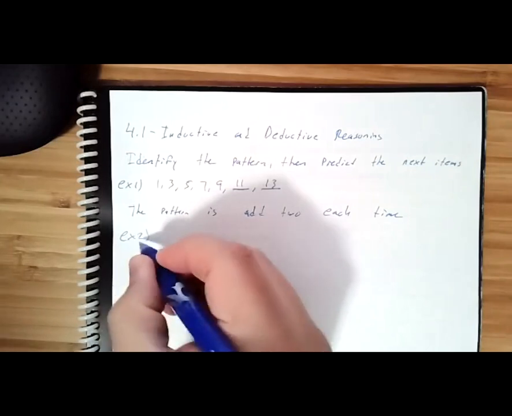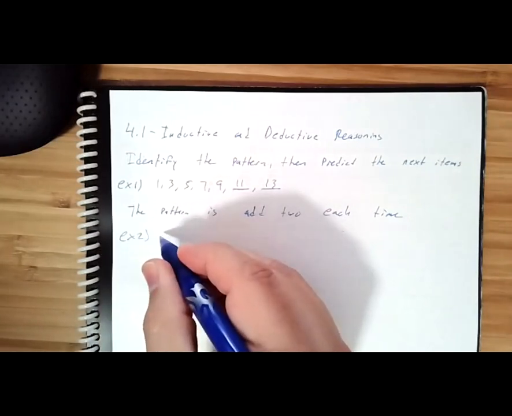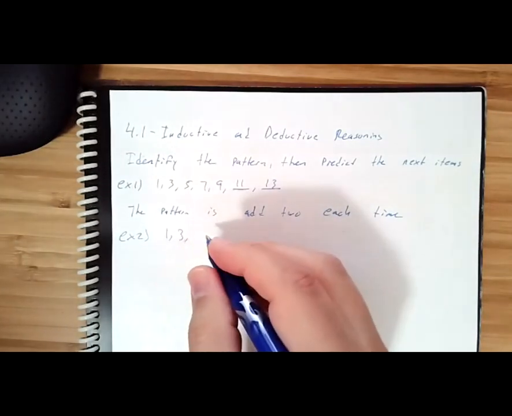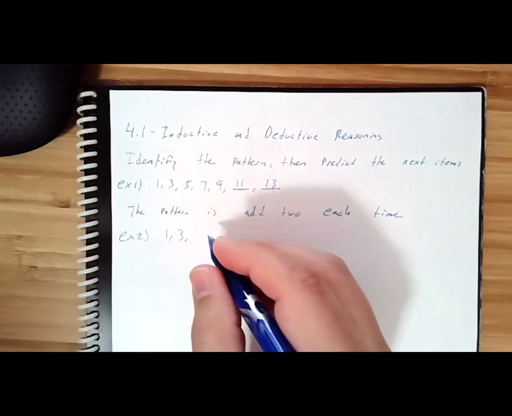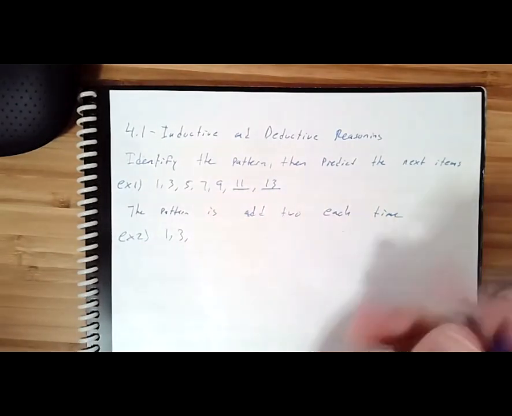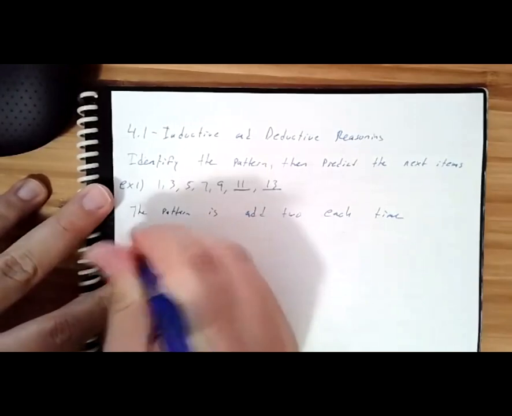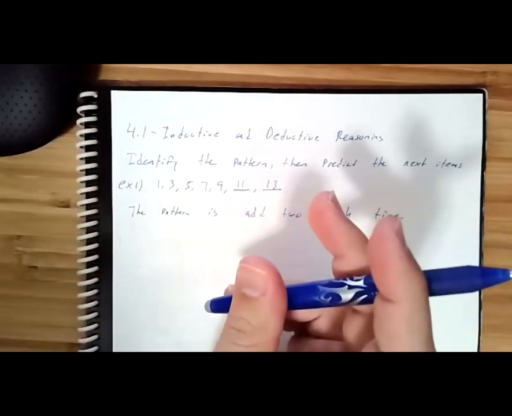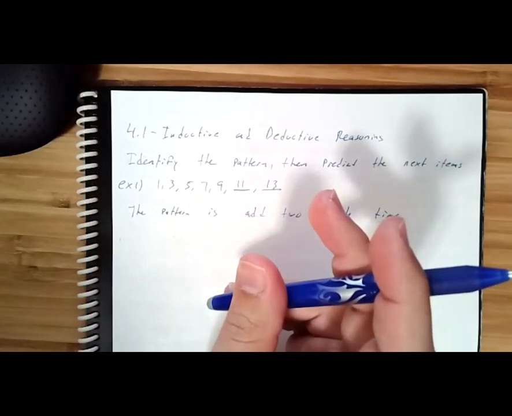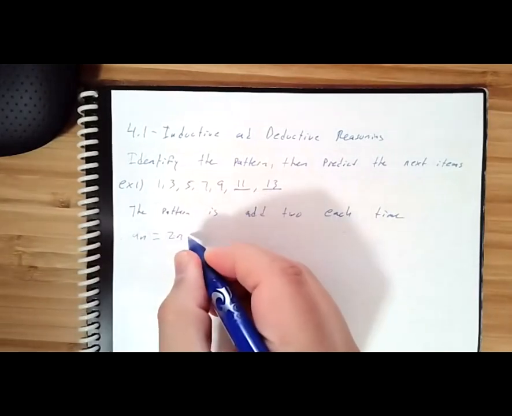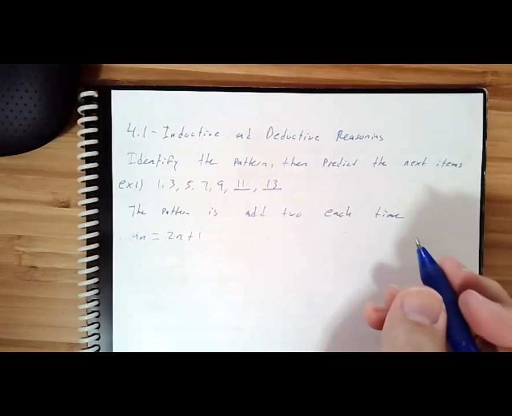Next one. Do you see the pattern here? Oh, I see. I remember. Sorry, I couldn't come up with a general pattern. It's going to be 2n plus 1, right?